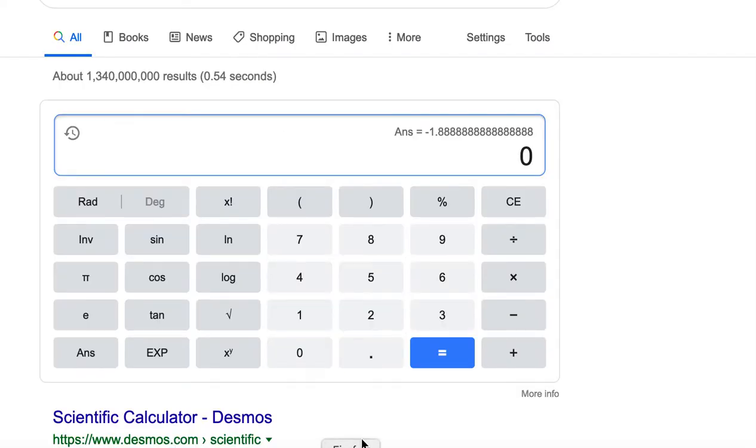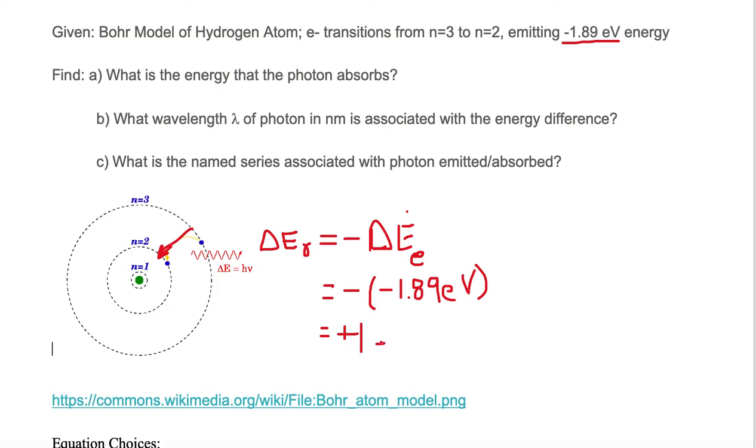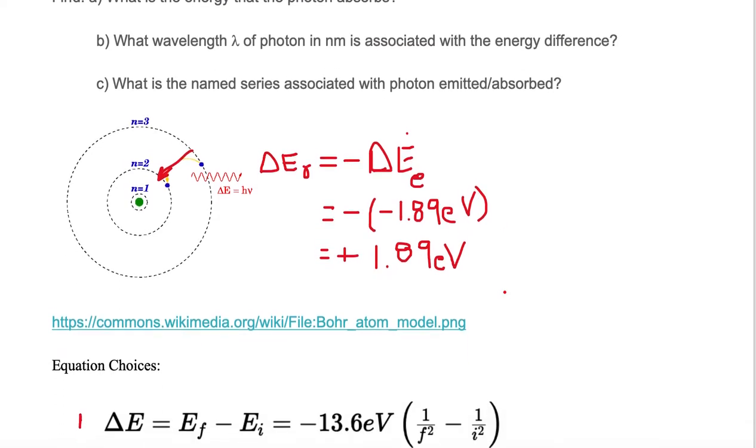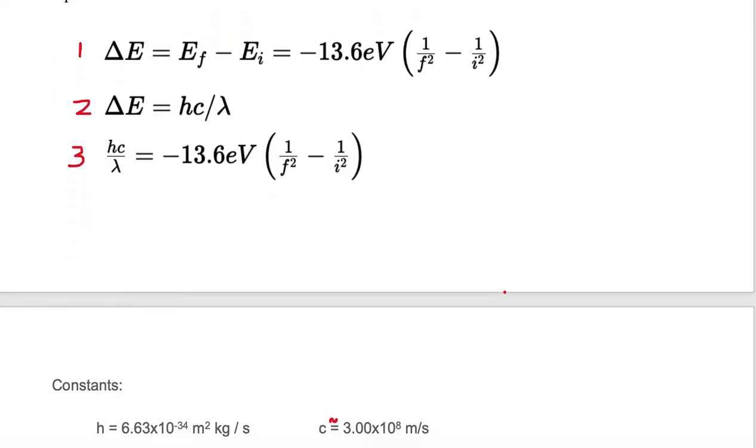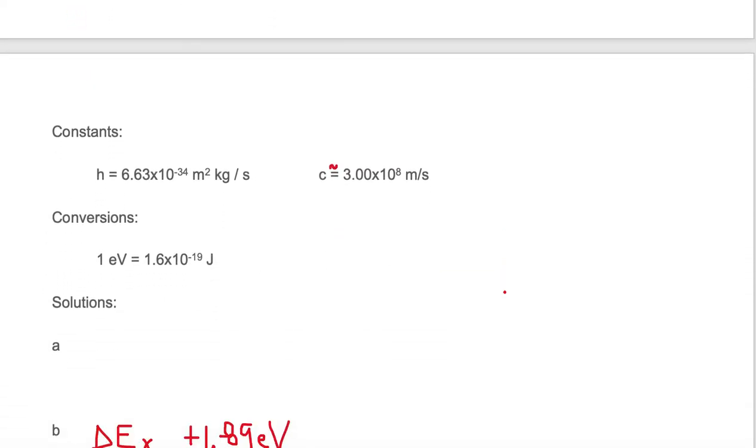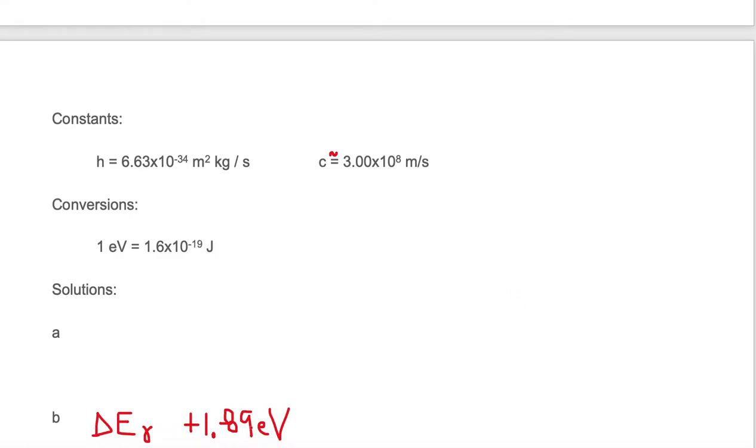You can just go to the Google calculator, put in negative 1, multiply negative 1, equals, you get plus 1. So we have plus 1.89 eV. So the answer to the first question is 1.89 eV of energy that the photon gains. So we went ahead and put that in as our answer. Delta E is equal to 1.89 eV.